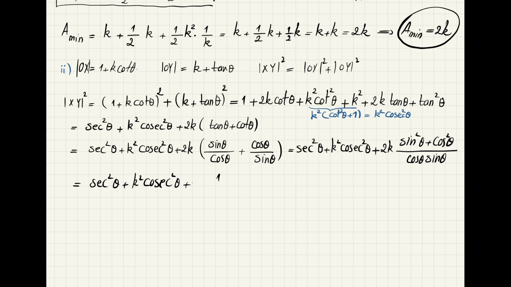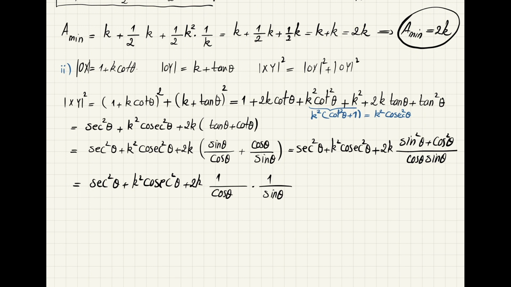Okay, I have a 2k here. Then I have 1 over cosine sine. But I can write it as 1 over cosine multiplied by 1 over sine. Yes, let me explain it again. So this one is just simply 1. And then instead of 1 over cosine sine, I can write 1 over cosine multiplied by 1 over sine.